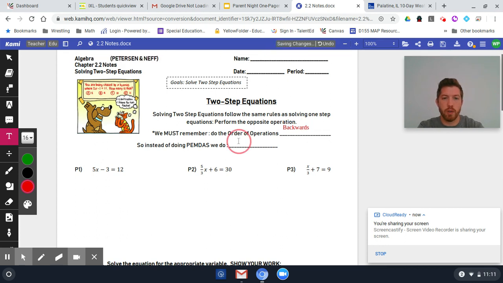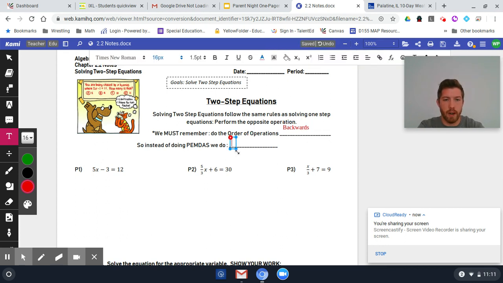So we're actually going to do addition and subtraction first, SADMEP. We're going to do it backwards. So we're doing subtraction and addition first, and then if there's any multiplication and division, we do that next.